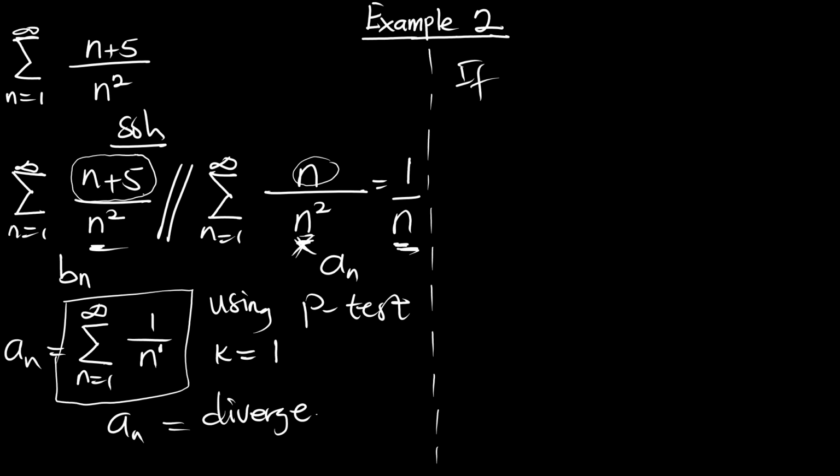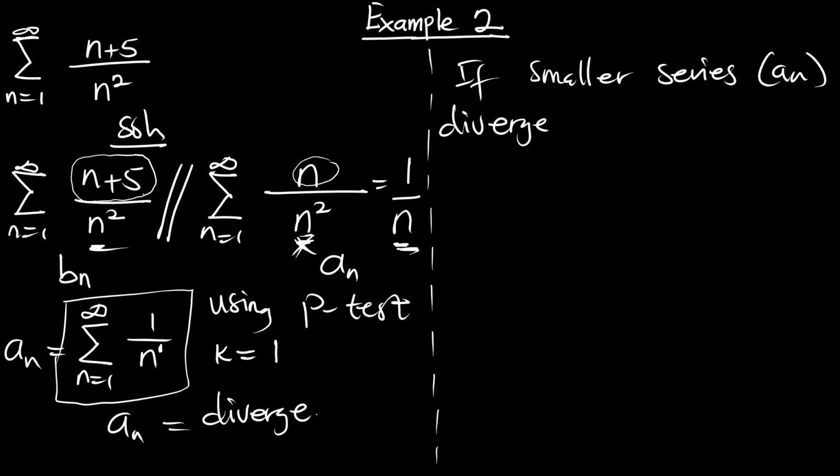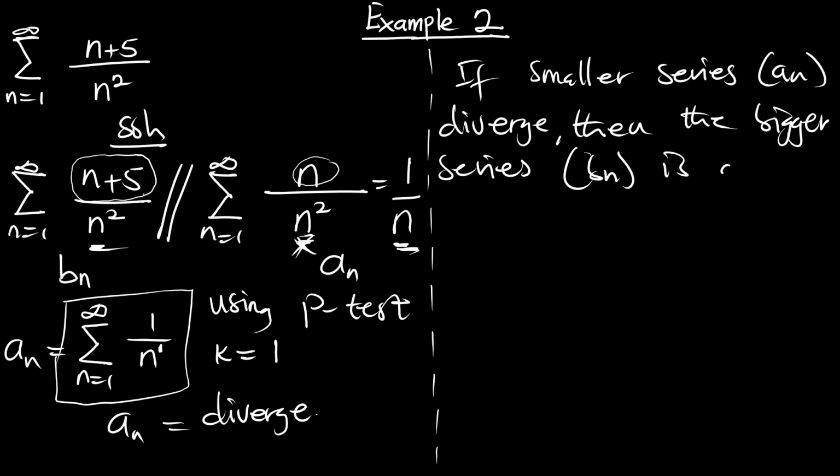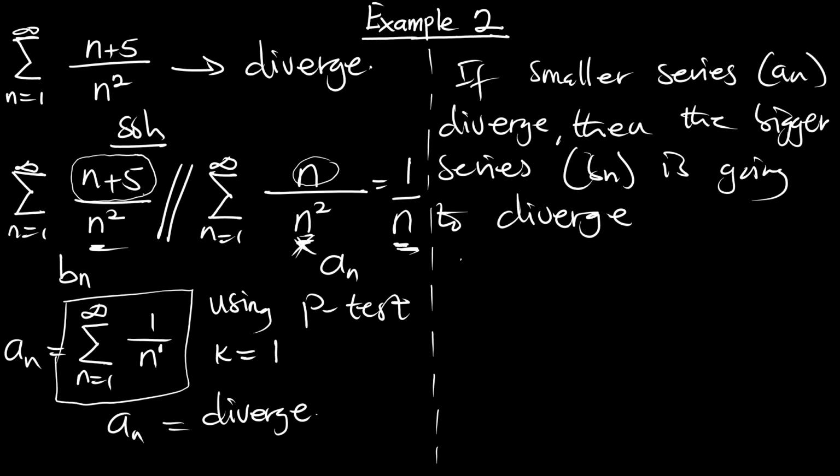So if the smaller series, which is our an, diverges, then the bigger series, which is our bn, is also going to diverge. Therefore, the whole series given is diverging. It diverges. So bn diverges. Are we okay? Very simple.